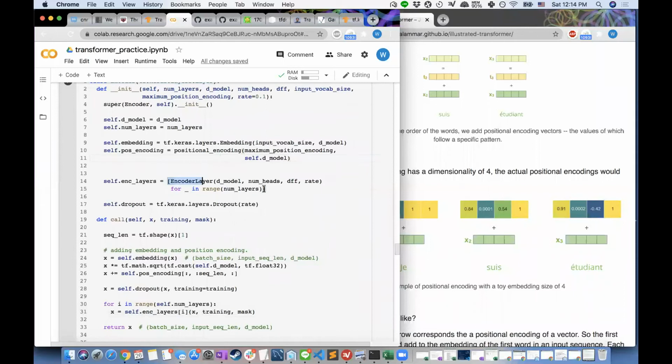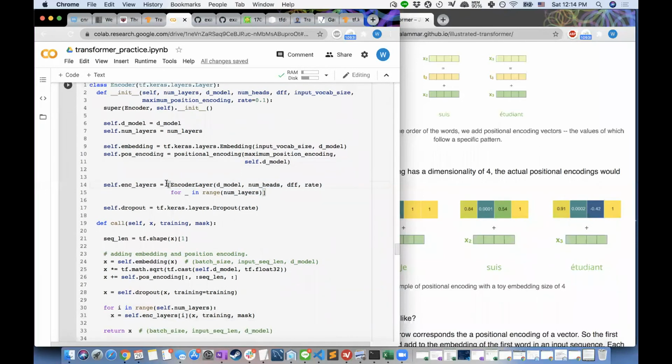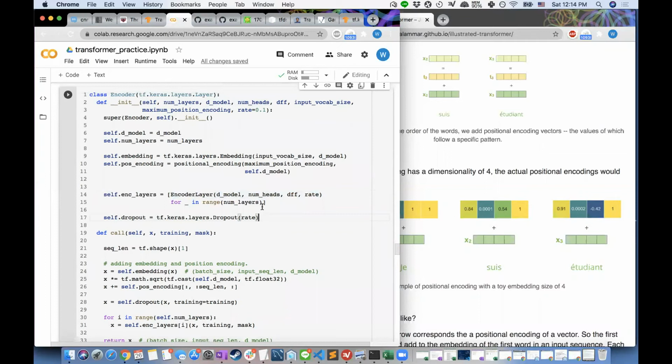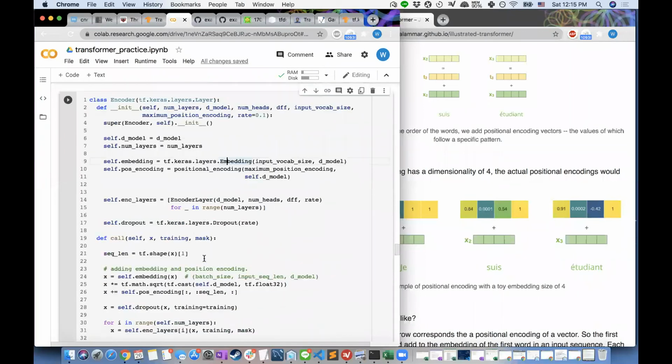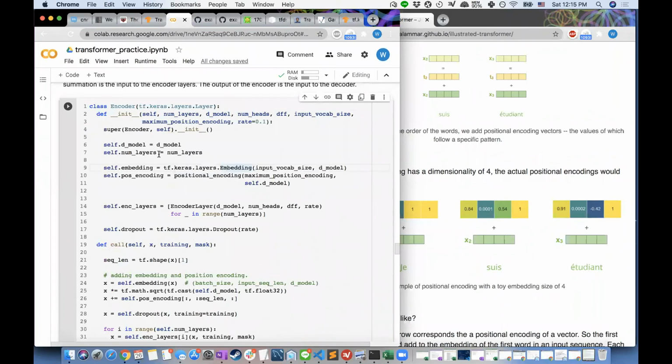Okay, then we're just calling a list comprehension to instantiate 6 encoder layers and passing in all the methods instantiated here. And because we're not necessarily using them across the class, I believe that's why it's not using the self.number of layers, self.everything.